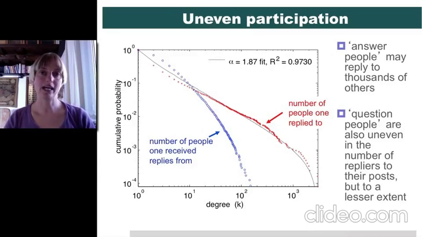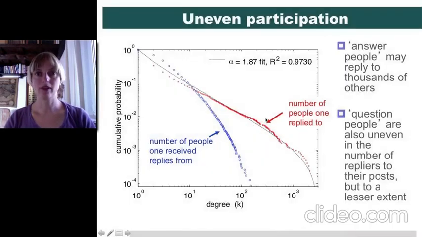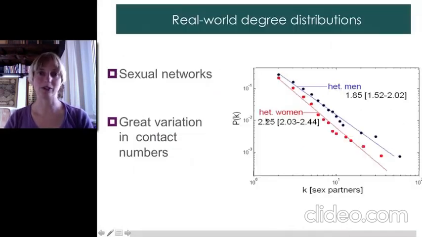And this means that we're not looking at the probability that you had interacted with exactly k other people, but k or fewer other people. In any case, we do see some deviation from a straight line, but overall, especially for the repliers, we see a very high skew.